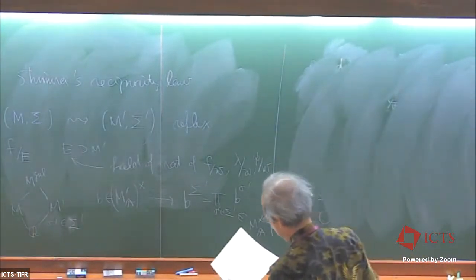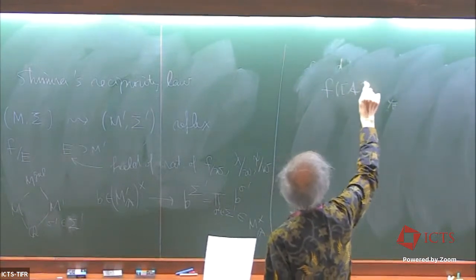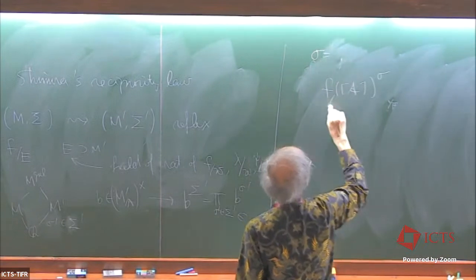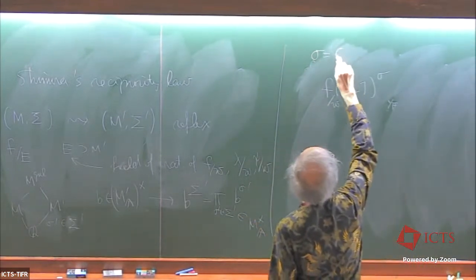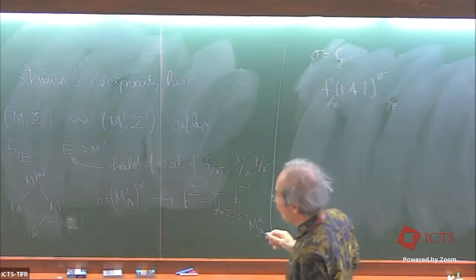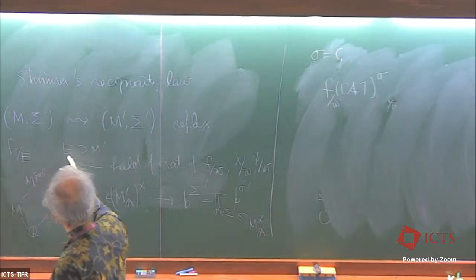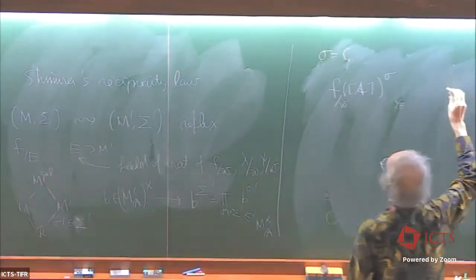Then what happens for F sigma? So sigma is just now, this is over W, okay? The Artin symbol. So this is defined over E. E is the extension of M prime, so I need to project down.